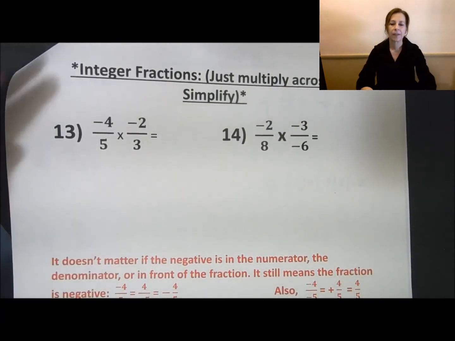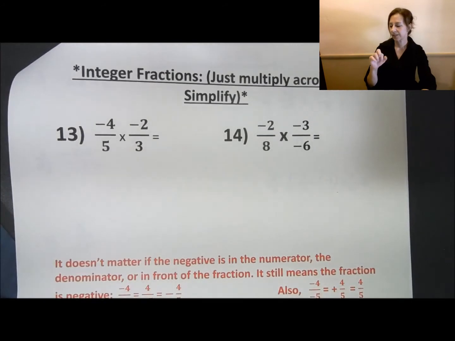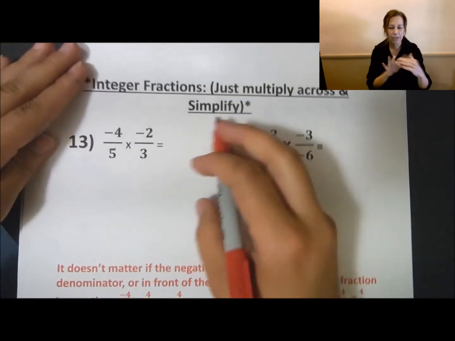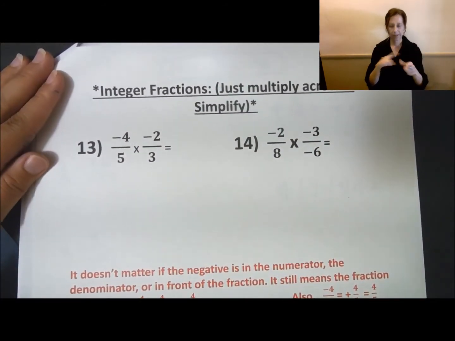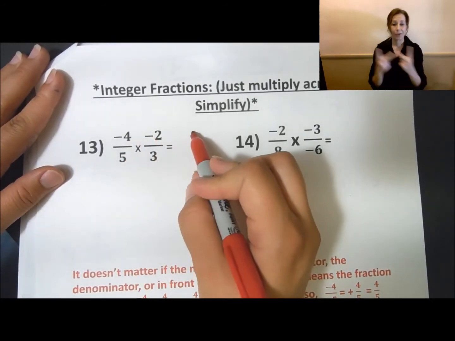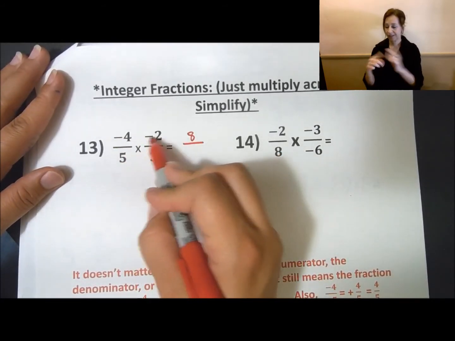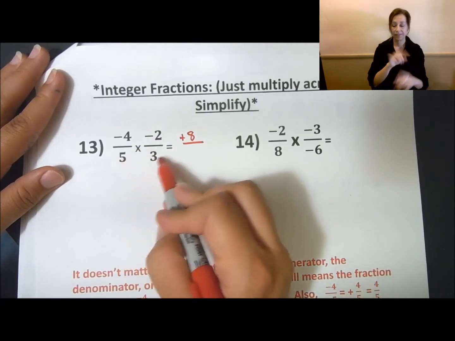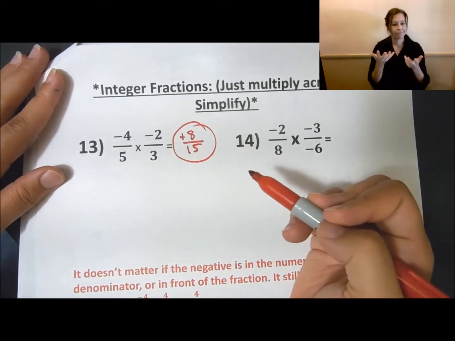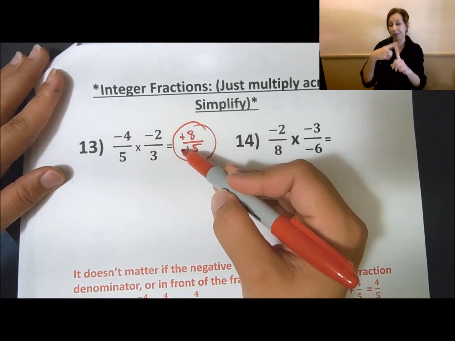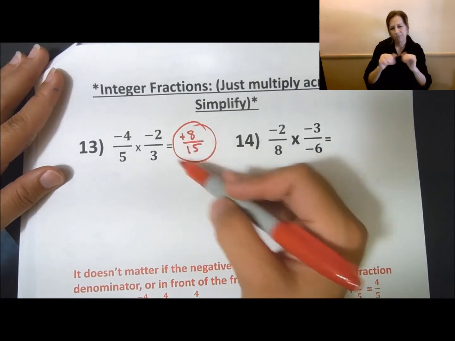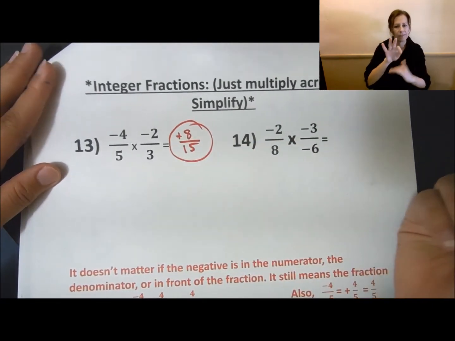Okay. So integer fractions, right? When you have fractions, multiply across and simplify. So if I have 4 times 4, that's 8. A negative times a negative is a positive. 5 times 3 is 15. We're done. You can say that a positive divided by positive is still positive, so that makes the whole fraction positive.